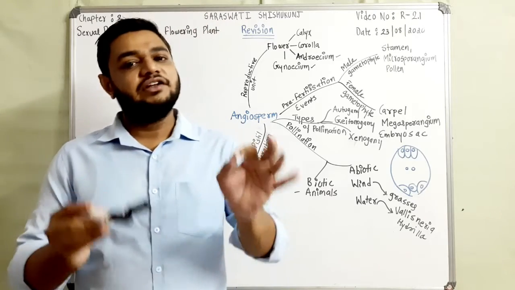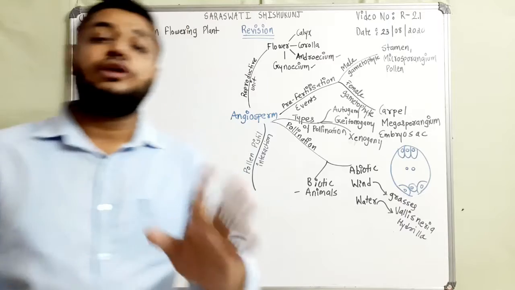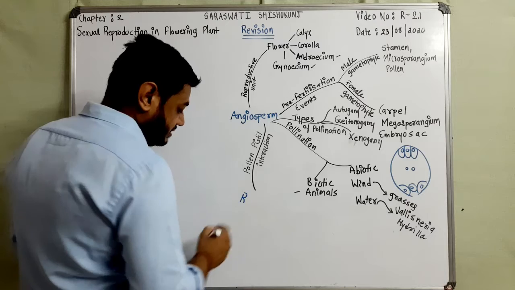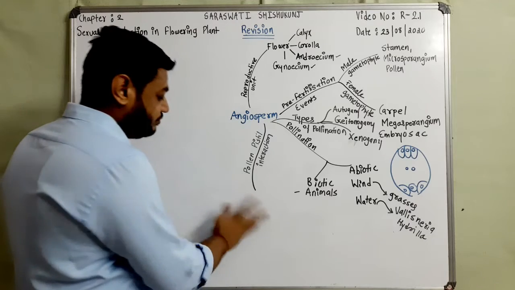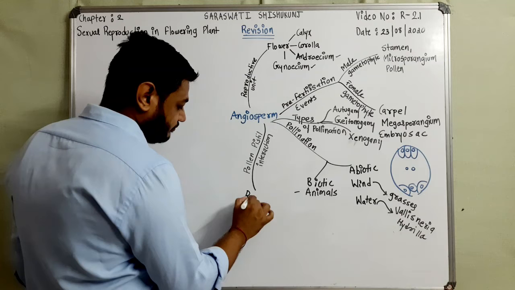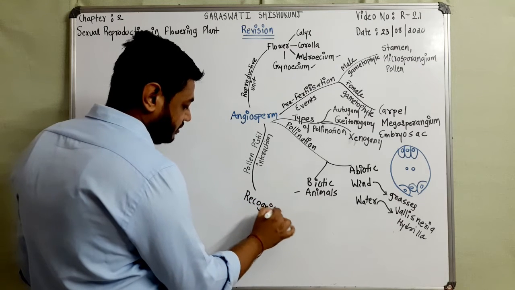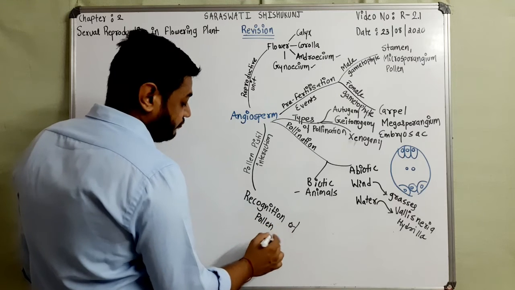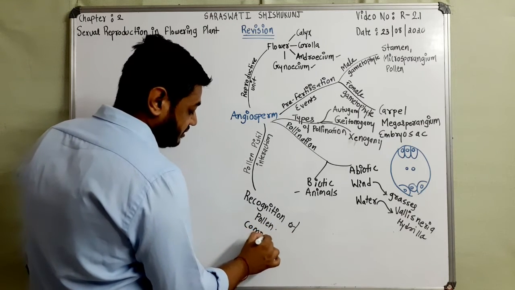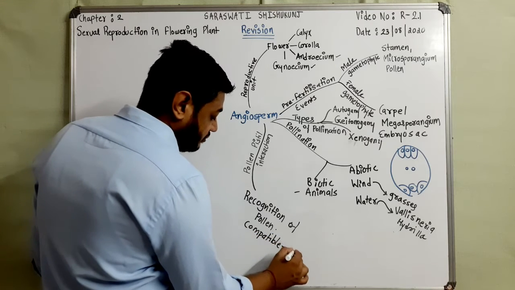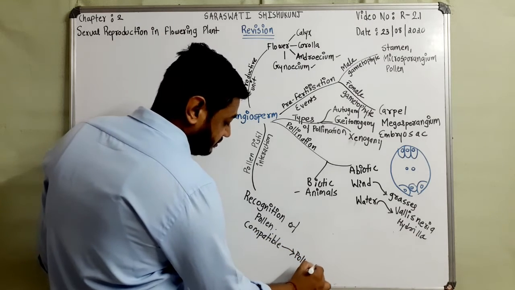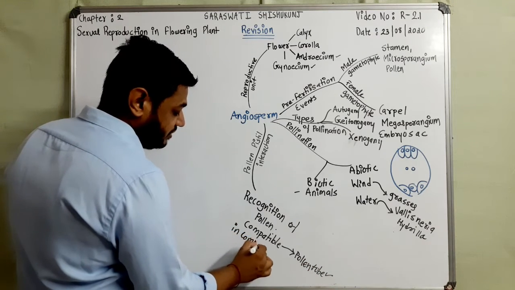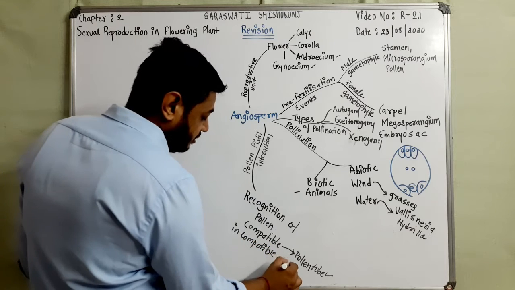If it is compatible, it will be allowed to develop the pollen tube, and incompatible pollen will be inhibited from developing the pollen tube.